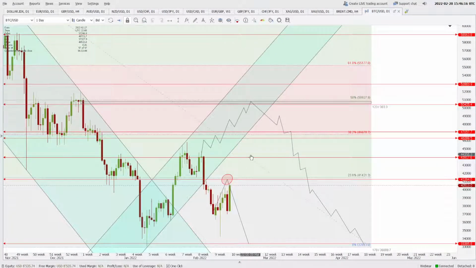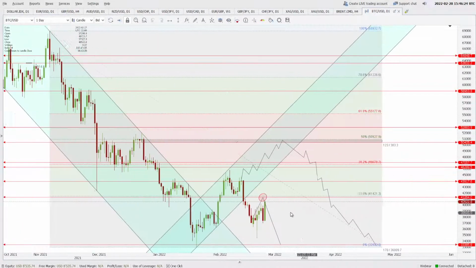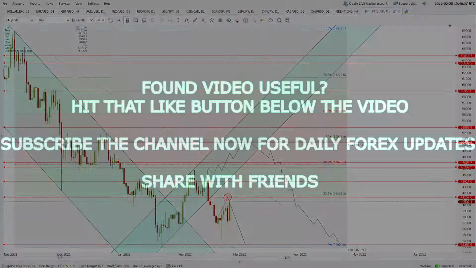After that, we have a good area at 47,057, which is in line with this 38.2% of this fall here. So I think that is a good area to go short, and after that there is 50,405 to definitely go short if the price comes here. Let us see how things unfold in the future, but right now I think this is what I wanted to tell you about.